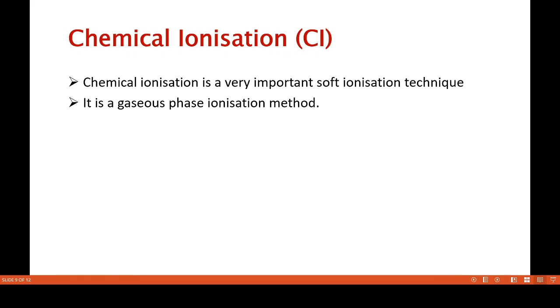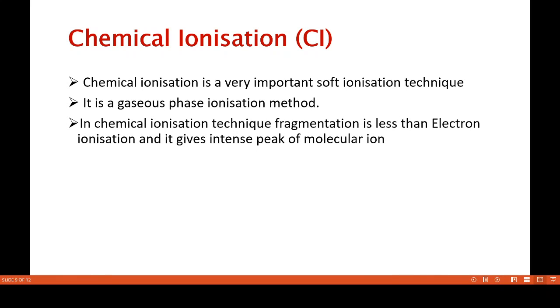It is a gaseous phase ionization method, because we use a gaseous sample. In this technique, fragmentation is less than in electron ionization. Due to this less fragmentation, it gives an intense peak of the molecular ion.